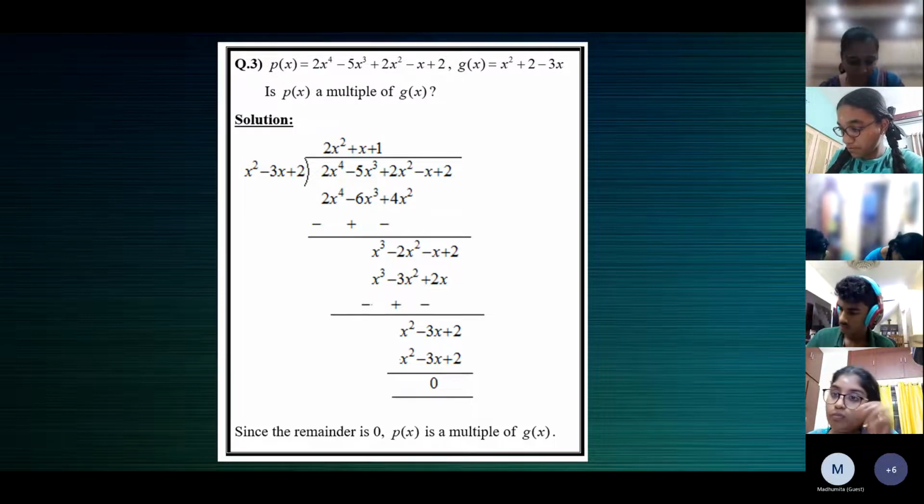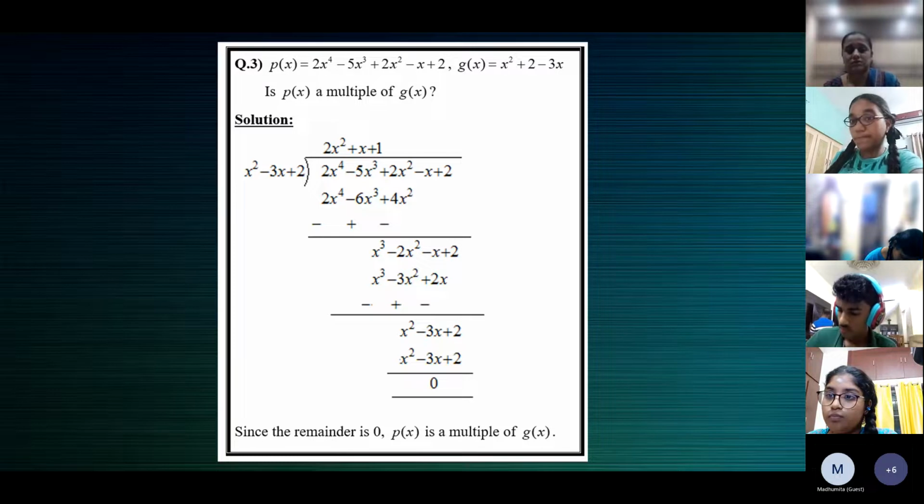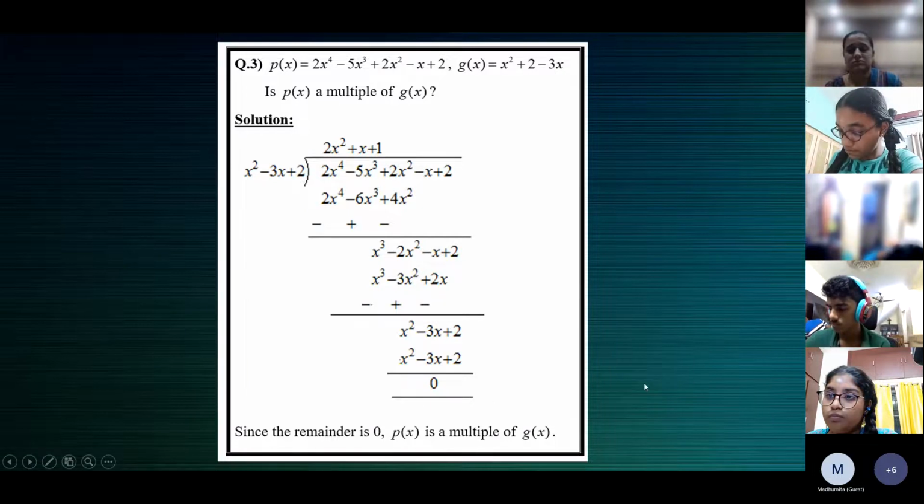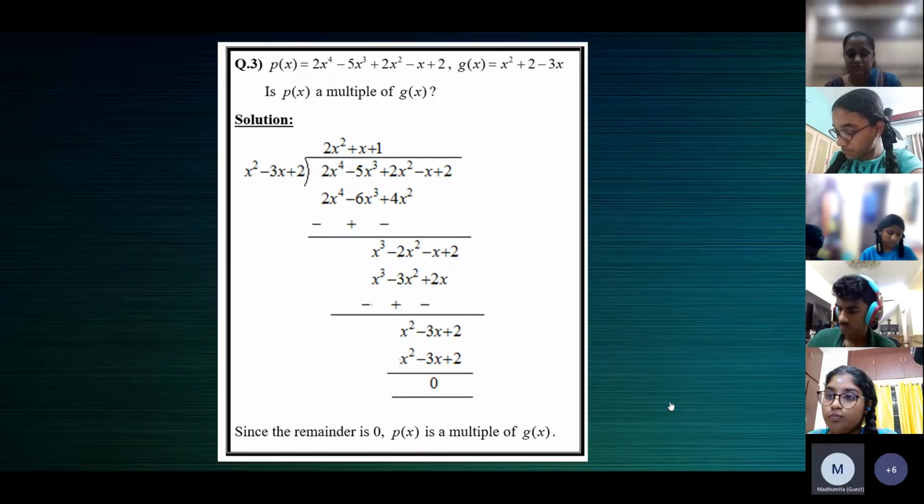Srijana. Srijana. Nishant. Completed, ma'am.